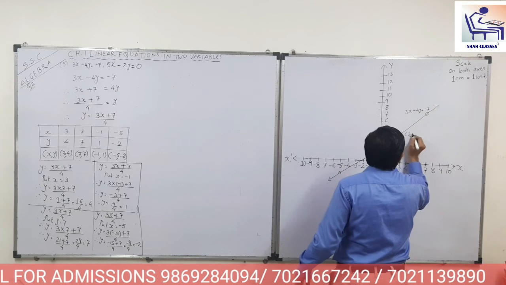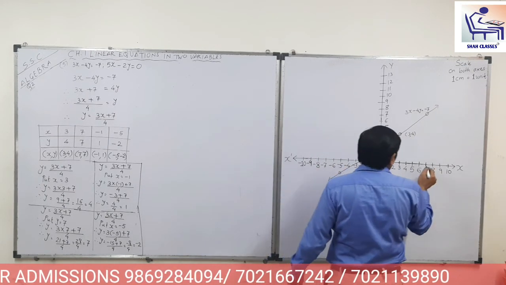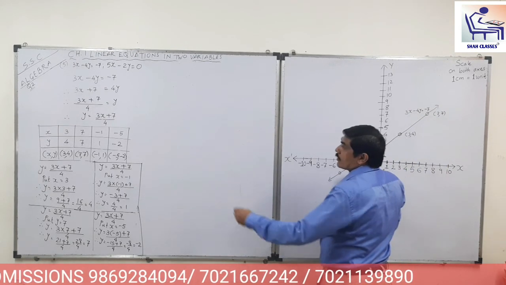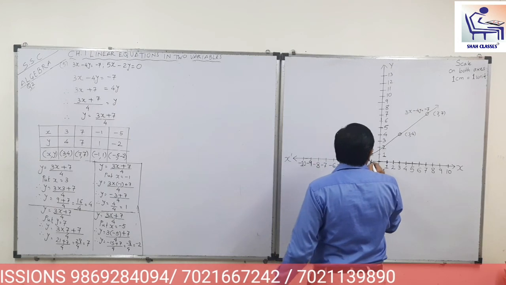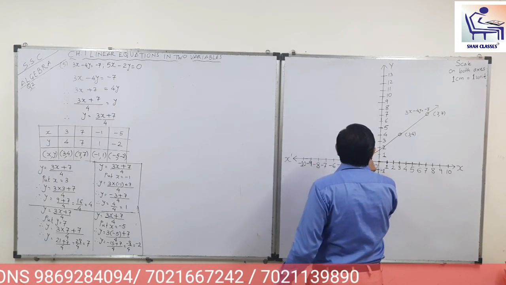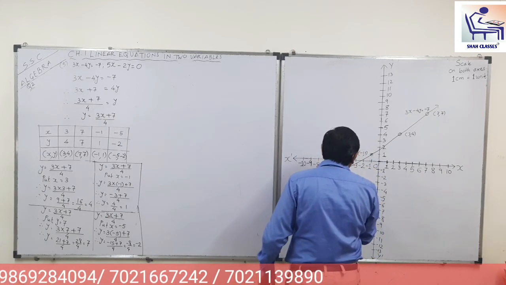Here I will write 3, 4. Second point is 7, 7. So here I will write 7, 7. Then minus 1, 1. So minus 1, 1. Here we got the third point. And the fourth point is minus 5, minus 2.